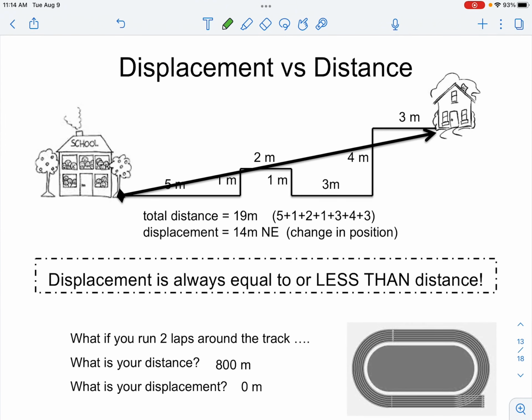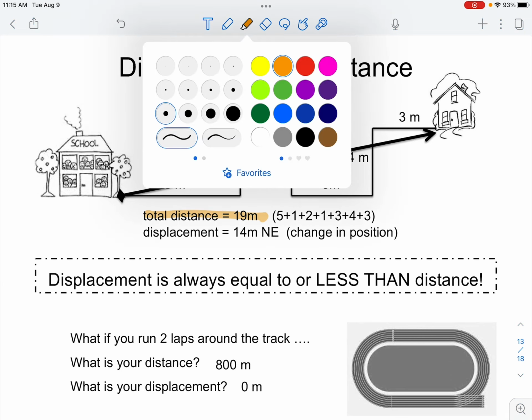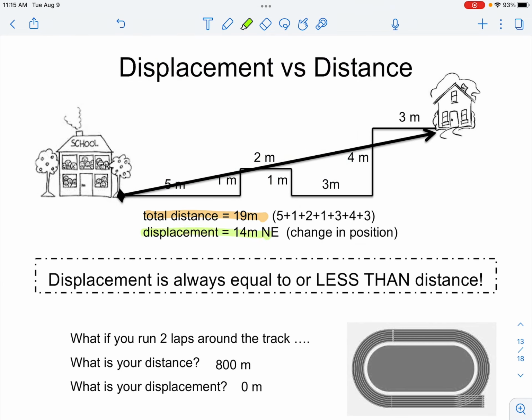Here, I'm simply wanting to illustrate just a different example of how we would go about calculating our distance versus displacement. So you can take a moment and look at the illustration and see that we have a total distance of 19. Obviously, that's from adding up all of the different segments, but our displacement here would be 14 meters. Now, how would we come up with that number? In a situation like this, our displacement is a straight line, and it is from beginning position to ending position.